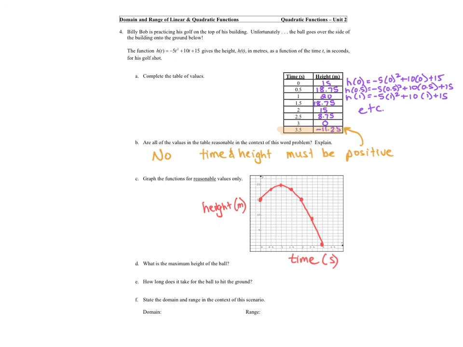So in order to get the domain and range, what you want to look at is how high the graph goes to get the maximum y. The minimum y, or the minimum height, is going to be 0. The maximum height we need for the range. The minimum x is going to be 0. We need the maximum x for the domain.